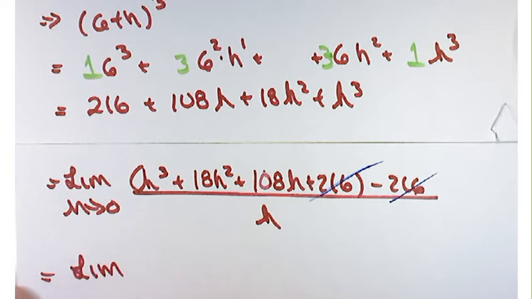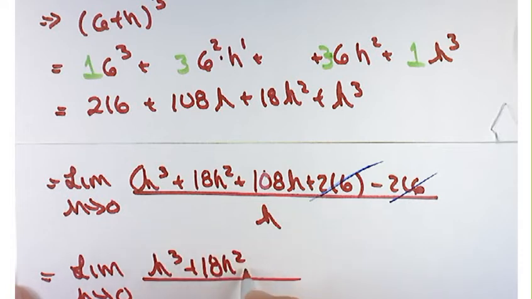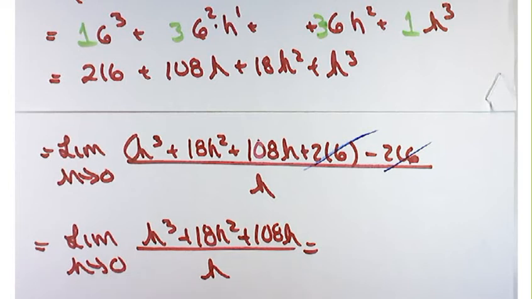We took a look at the limit as h approaches 0 of h cubed plus 18h squared plus 108h divided by h. If you plug in h equals 0, you're still going to get 0 over 0.